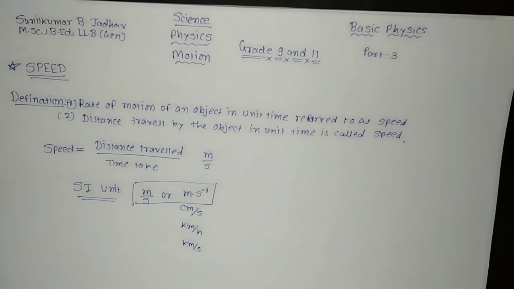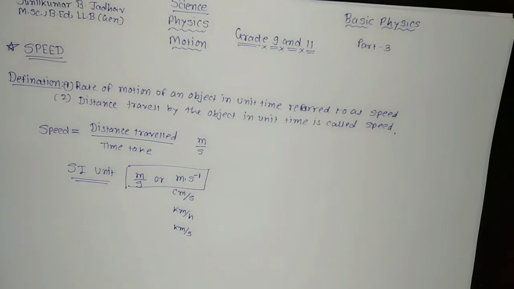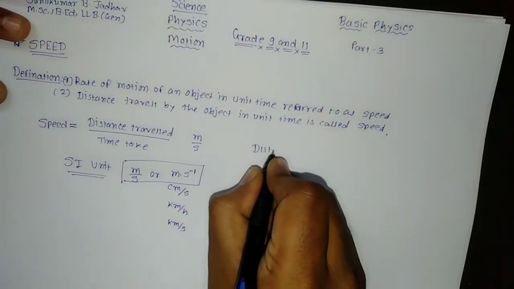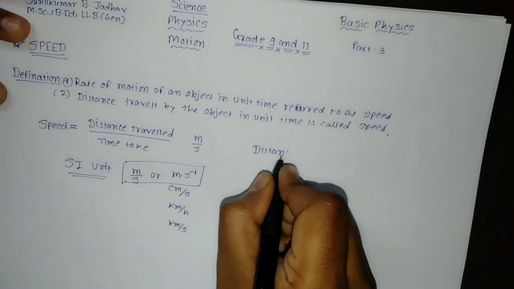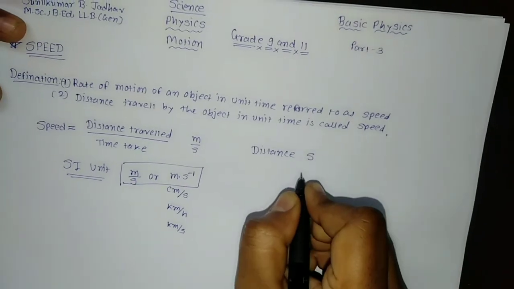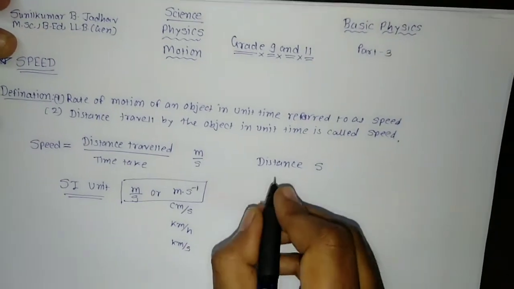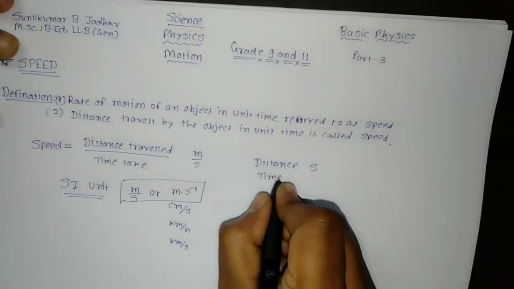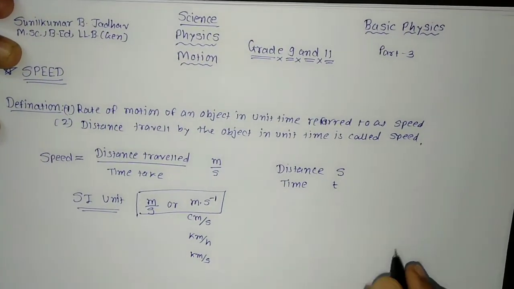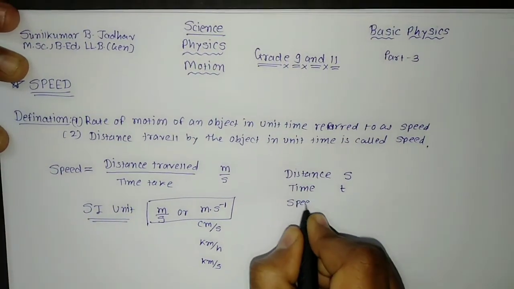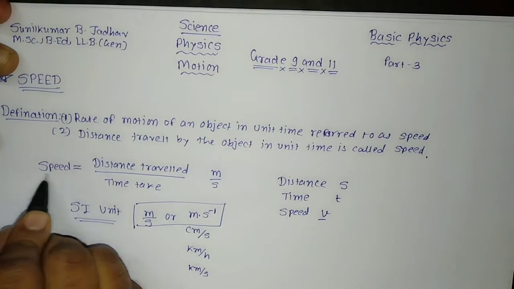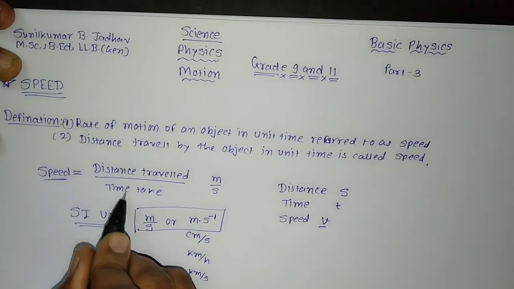If an object travels a distance, distance traveled by the object is represented by S, the time taken for the same is represented by T, and the speed we can represent by V. Then you can see that speed is equal to distance upon time.